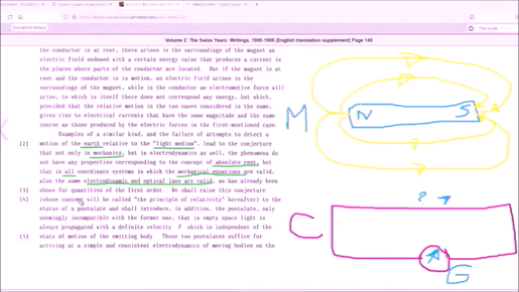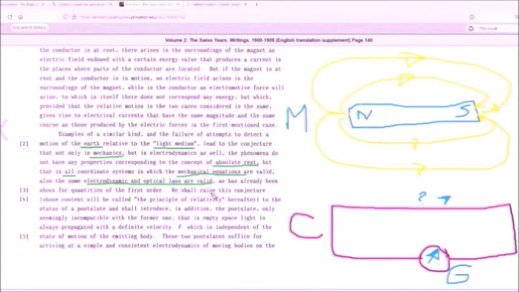As has already been shown for quantities of the first order, meaning very low speed of the Earth. That's the Michelson experiment, that he cannot find any difference between the direction of light in two perpendicular directions of the motion of the Earth.